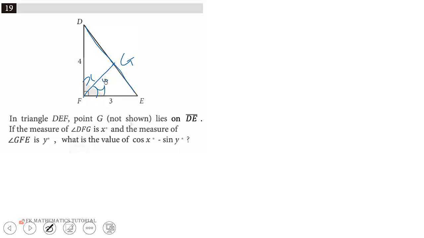What is the value of cos x minus sin y? So cos x minus sin y. So from this we know that x plus y is equal to 90 degrees.